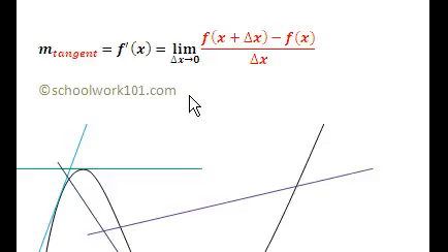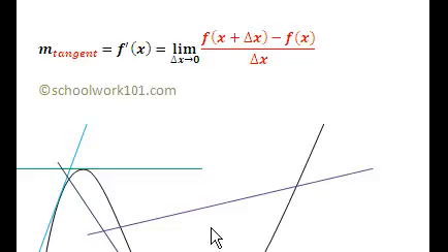Now remember, back up in that graph I was telling you, as delta x gets smaller and smaller, the secant line approaches the tangent line. This was the formula for finding the slope of the secant line, but now we're going to use this idea of the limit to actually find the slope of the tangent line.